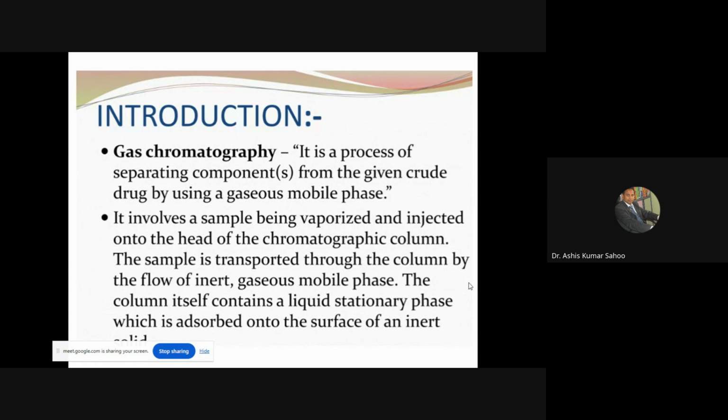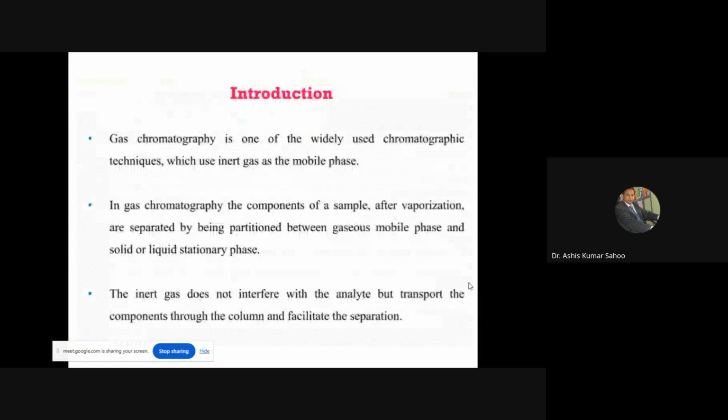So you can see on the slide the different phases we have taken. Gas chromatography is one of the widely used chromatography techniques which uses inert gas as the mobile phase.